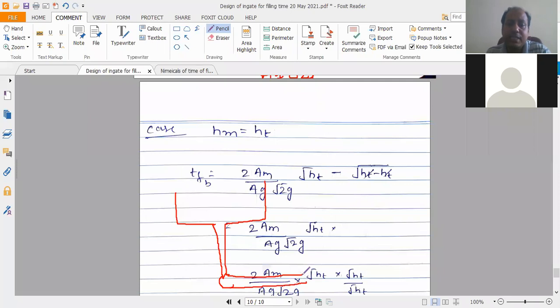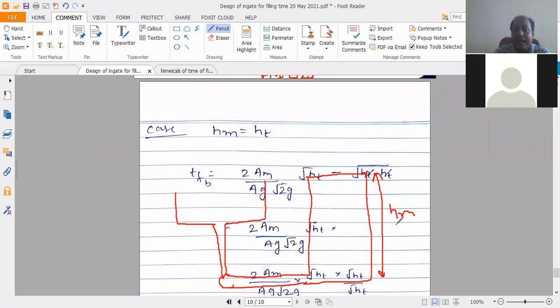So one case is that the gate is here and it will be filled by the bottom gate, and the mold cavity height is equal to hm. This one is the hm, and the mold cavity height is equal to the total height, or the total head, at the point of the gate.